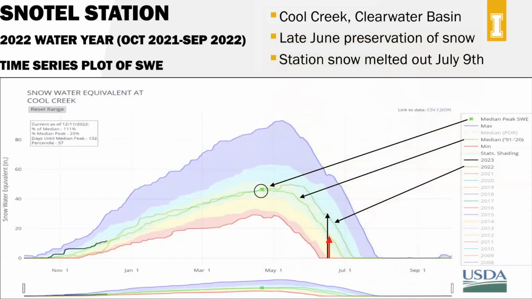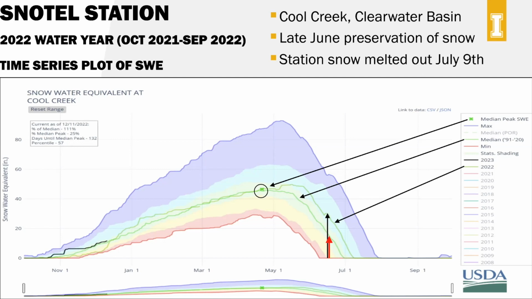Right at the end of the last slide, I marked a station called the Cool Creek Station. The reason I wanted to comment on this station is that the percentage of basin SWE at that point had gone up into several thousands of percent of the median. That's a little bit misleading at face value. On this slide, the median values are represented by the light green line, which the red arrow points to in late June.